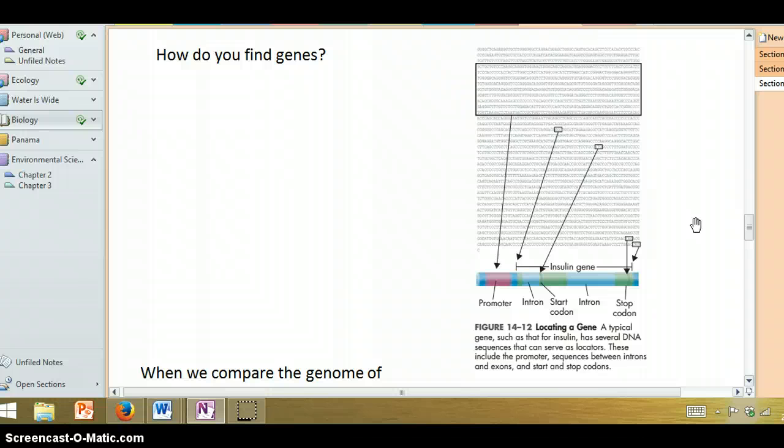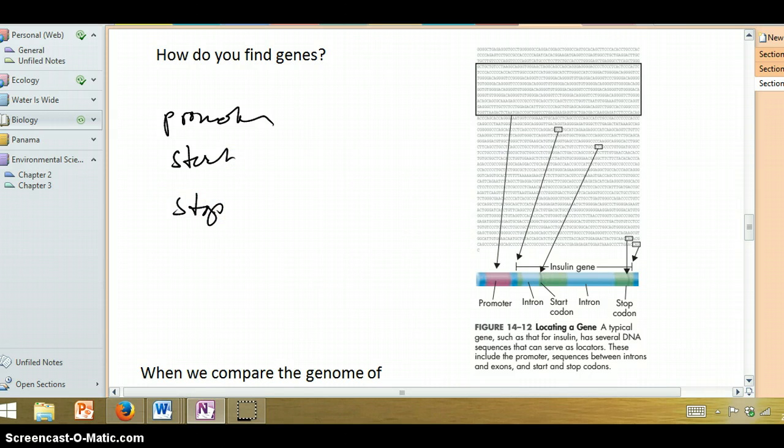And again, the transcription factors help the RNA polymerase to find where the gene is. So you can look for promoters, and you can also look for start and stop codons.